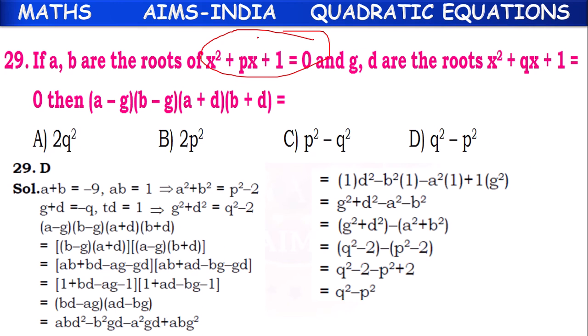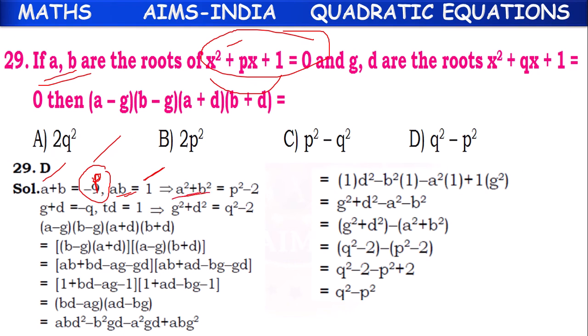Based on that, α + β equals −b/a, which is −p by 1, equal to −p. The αβ value is c/a, 1 by 1, equal to 1.